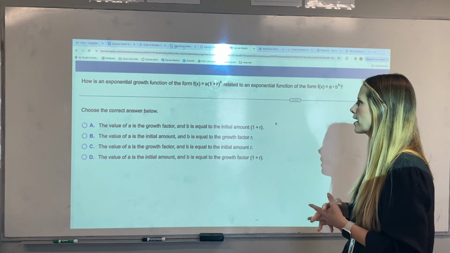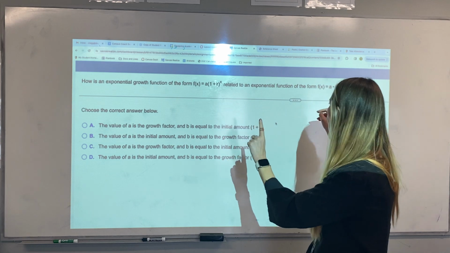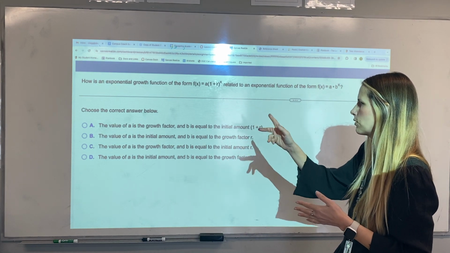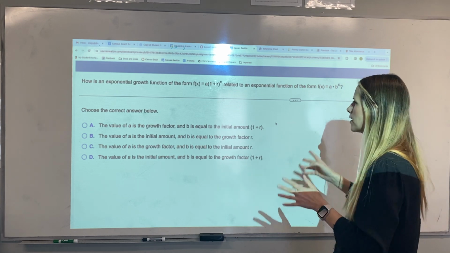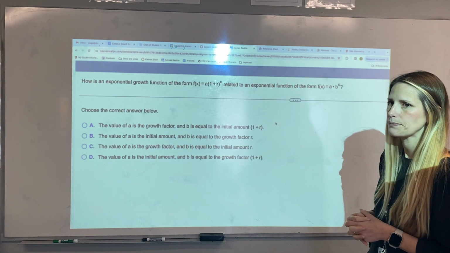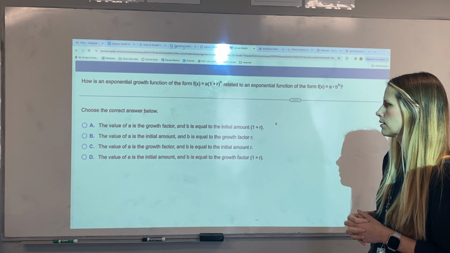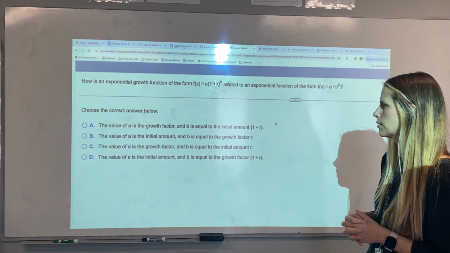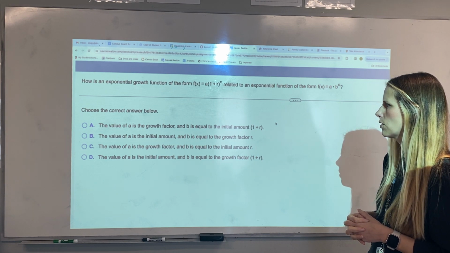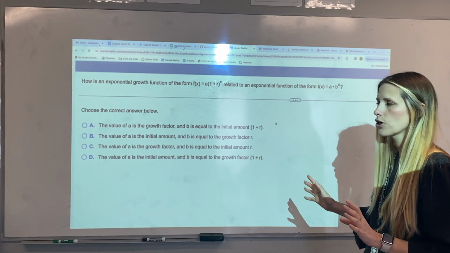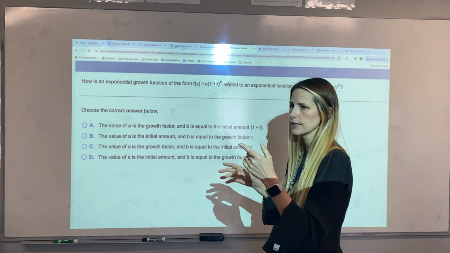So let's look at our answer choices. We decided that A represents the initial amount. So can you narrow it down to 2 answer choices based on what we decided about A? Tell me 2 answer choices that so far are correct, just in the first part of the sentence.